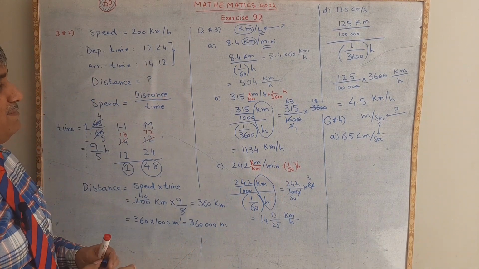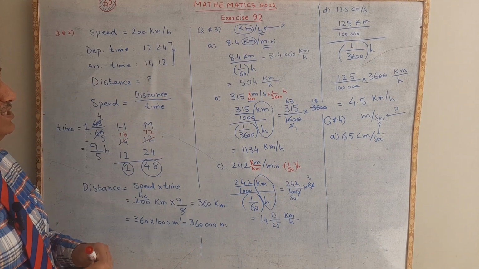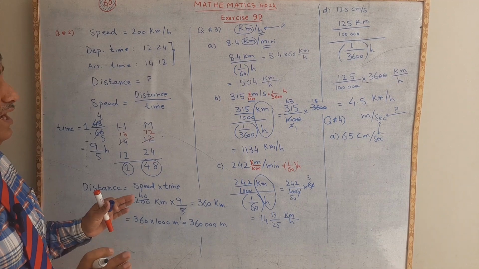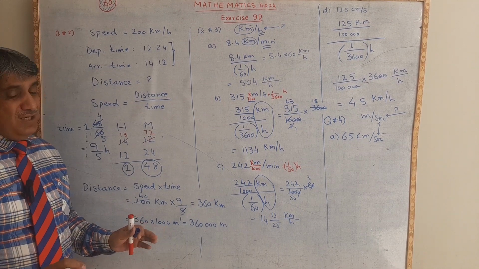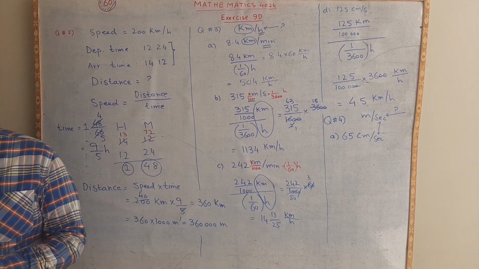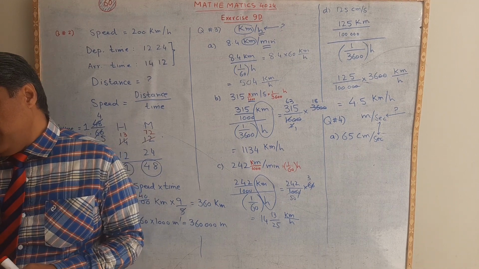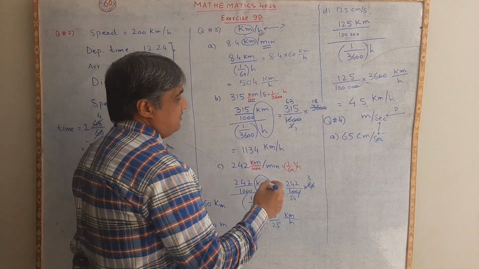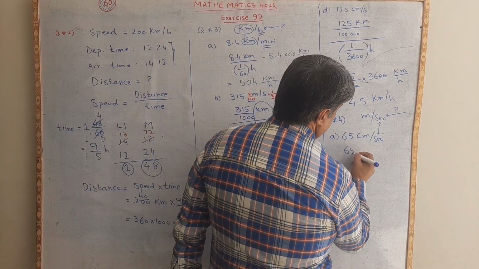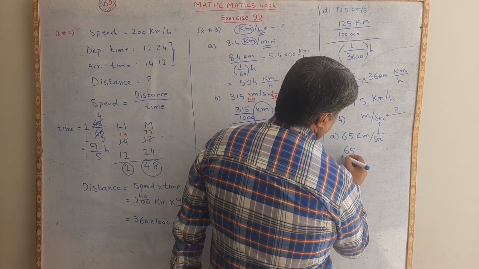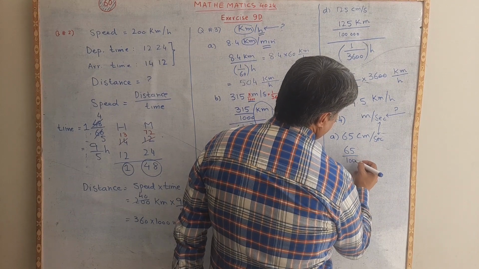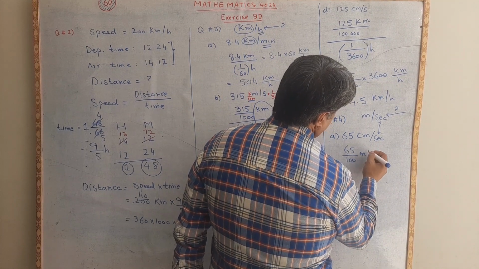The only problem is that 1 meter is equal to 100 centimeter. So what do we have to do? We have to divide 65 by 100. 65 divided by 100, and that will be equal.